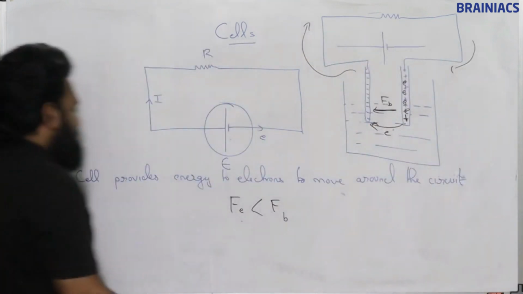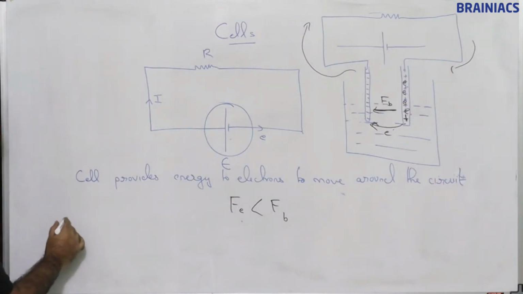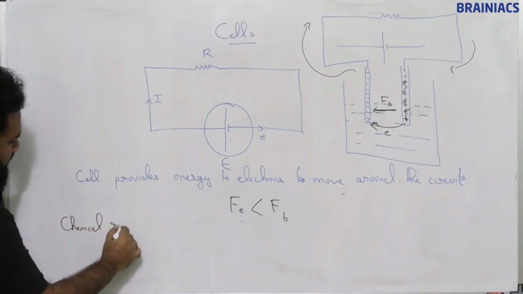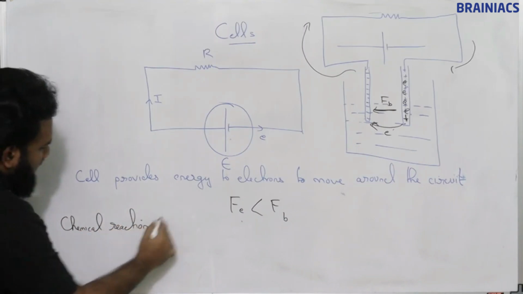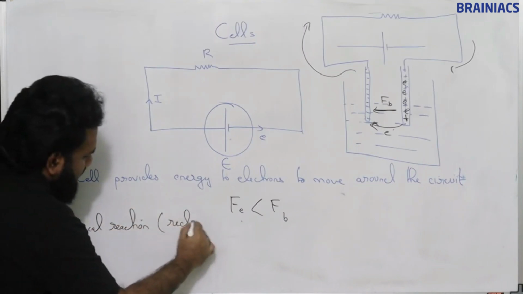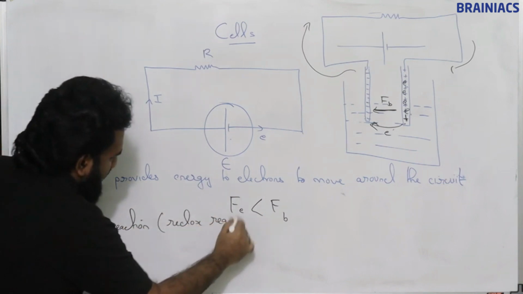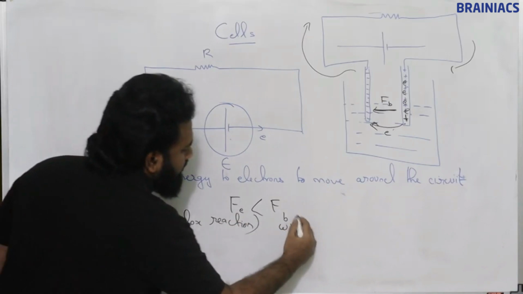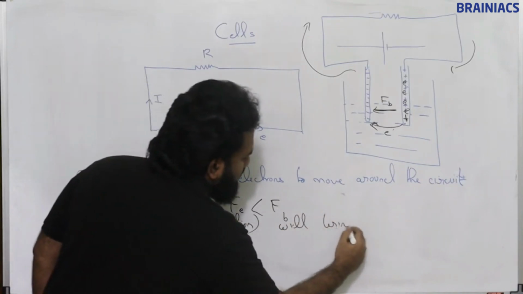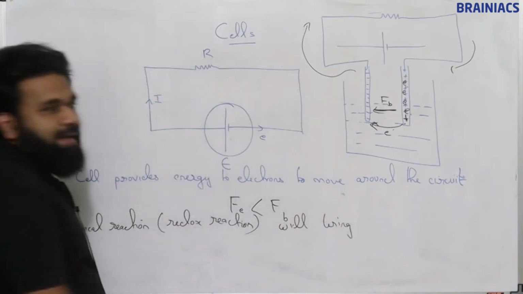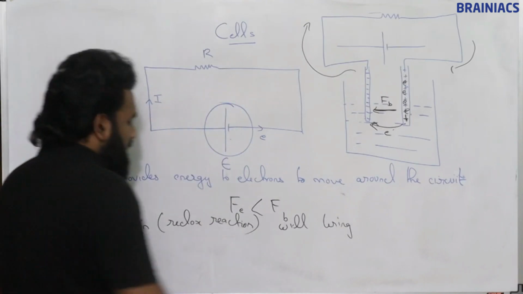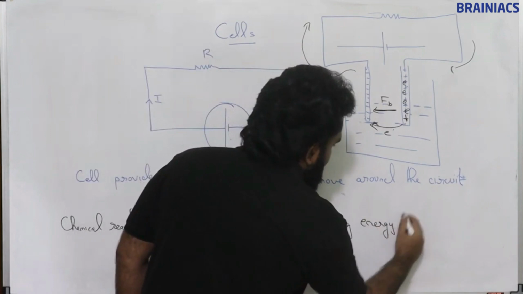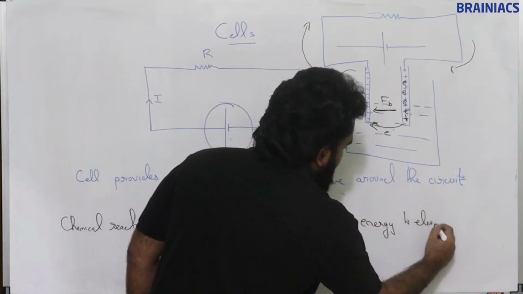So what happens is a chemical reaction, that is nothing but a redox reaction. The redox reaction, which we call the battery mechanism, will bring energy to electrons.